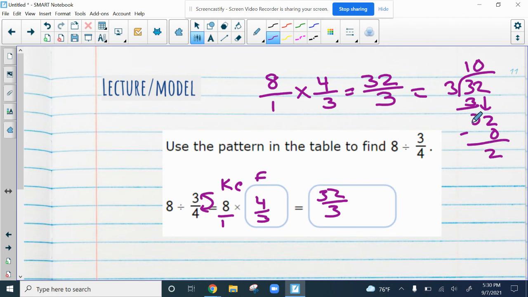Subtract, you get 2. So our whole is 10, and our remainder is 2 out of 3. Our remainder is 2. Our divisor is 3. So this would be 10 and 2/3. Or you can think about it: 3 fits into 32 10 times with 2 left over.